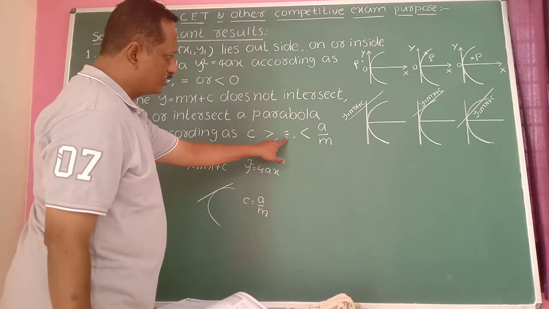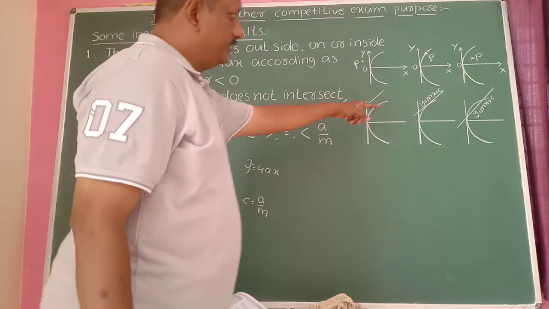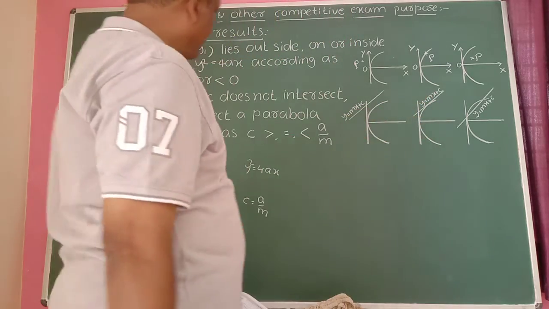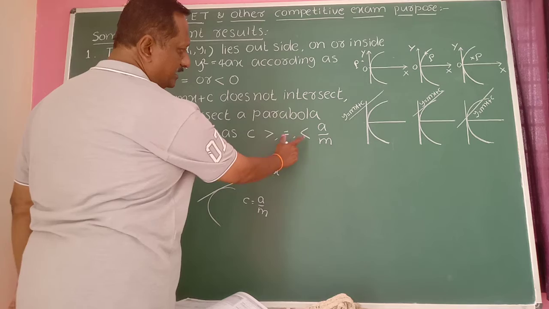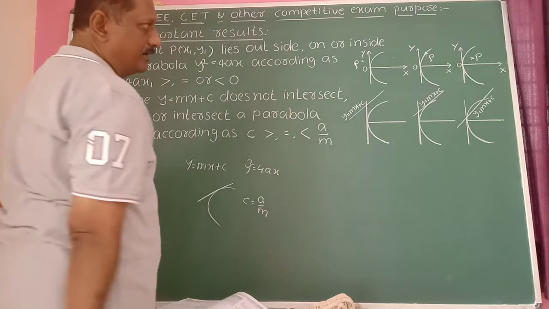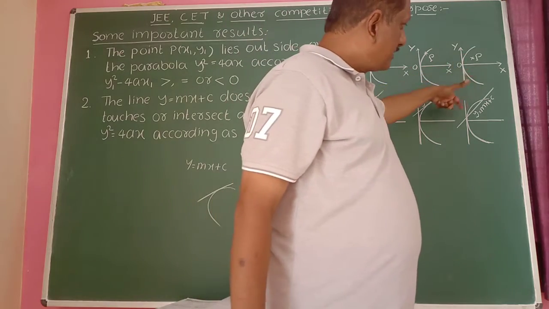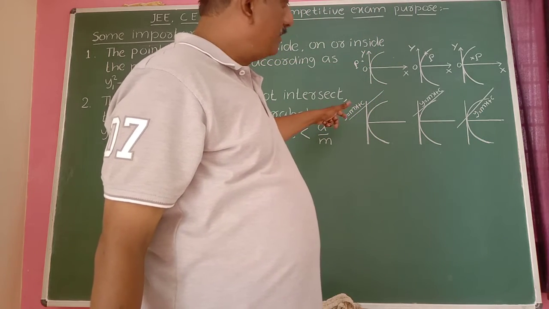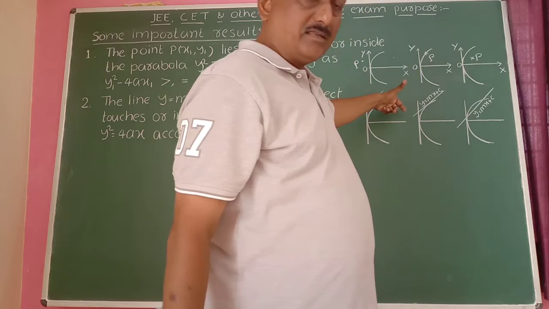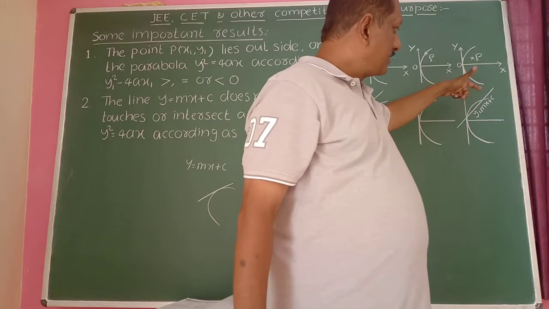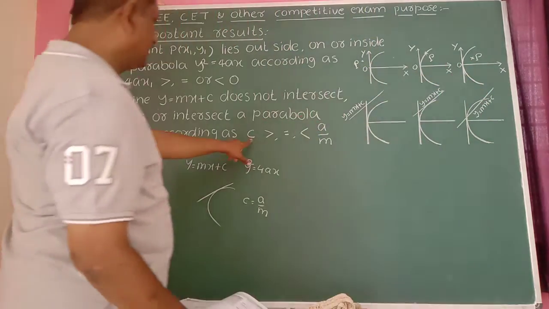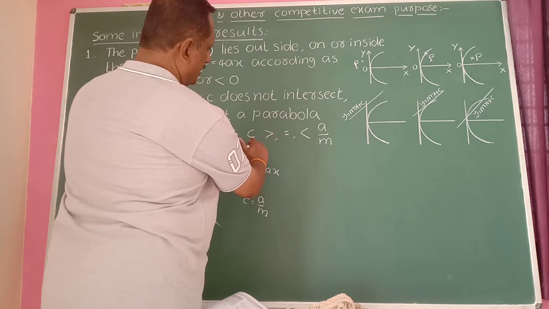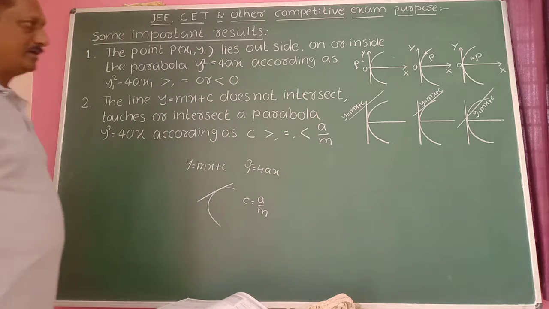If c is equal to a upon m, then the line touches the parabola, meaning tangent to the parabola. If c is less than a divided by m, then the line cuts the parabola.